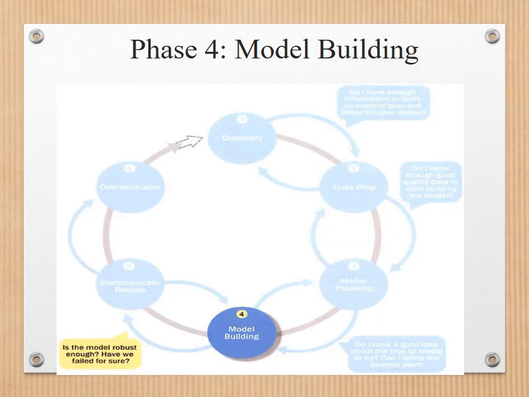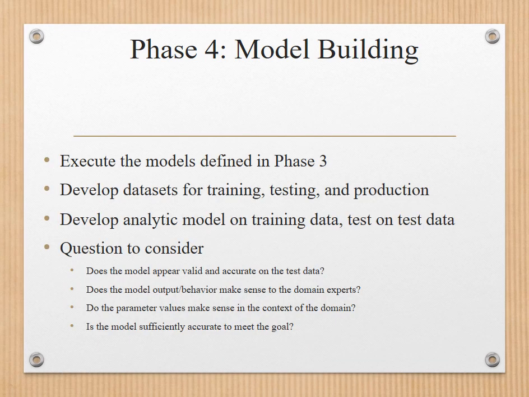In the model building phase, the actual implementation happens. The model which is selected as the best model is actually implemented in phase 4. The data sets for training, testing and production are developed at this stage.